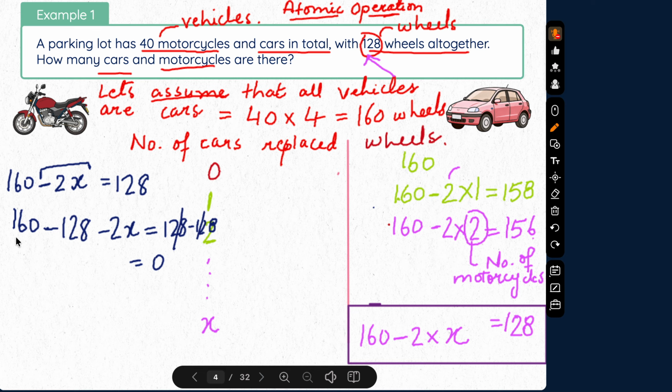What do we get when we subtract 128 from 160?